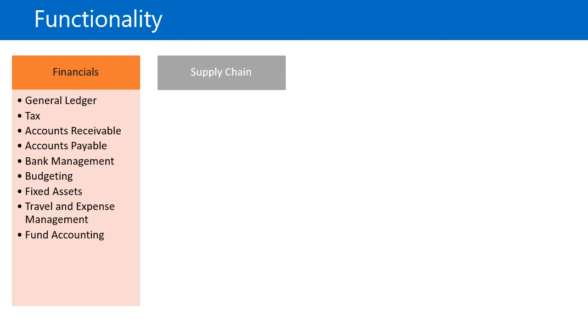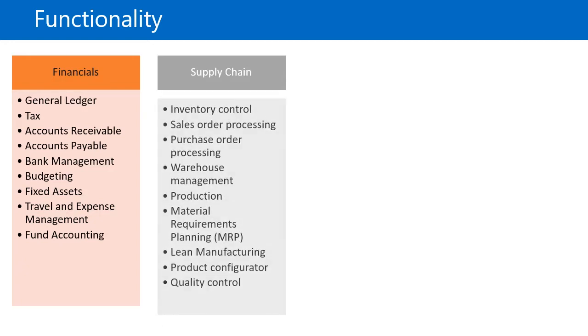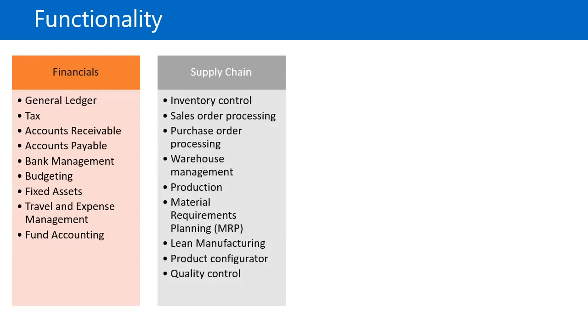The 3 goals of supply chain management are reducing inventory, lowering costs, and improving time to market. And the basic capabilities of the supply chain functionality include inventory control, sales order processing, purchase order processing, warehouse management, production, MRP, even lean manufacturing, as well as quality control.